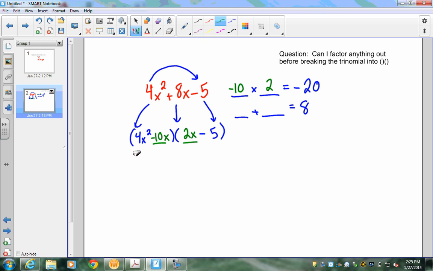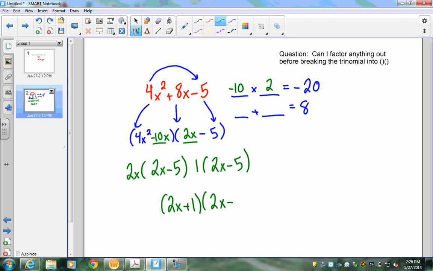When I factor out each parenthesis, I end up with 2x times 2x minus 5. Notice that in this parenthesis nothing can really be factored out, but something still needs to be factored out to hold the spot, so I'm going to factor out a 1. 2x minus 5. My parentheses match, so for my final answer, it's 2x plus 1, and then 2x minus 5.